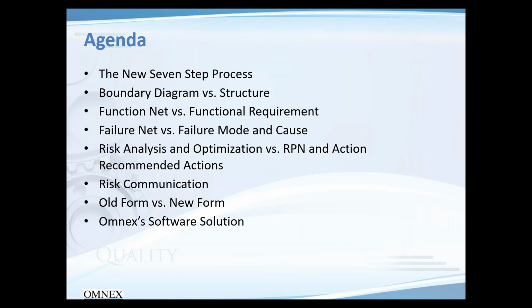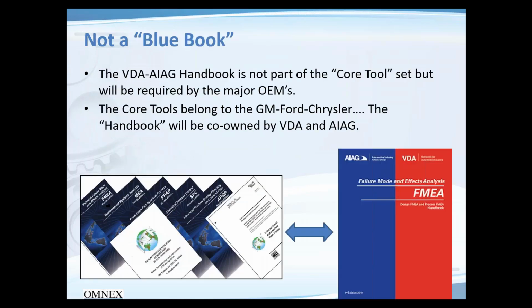We'll look at function net, which is in the handbook, versus functional requirement, failure net versus failure mode cause, and the risk analysis optimization, which is replacing RPN. So RPN and recommended actions are going to be changed. Then risk communication, the old form and new form, and then we'll be talking a little bit about the Omnex software solution.